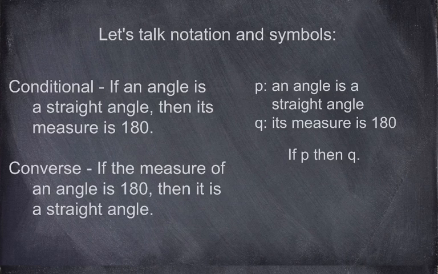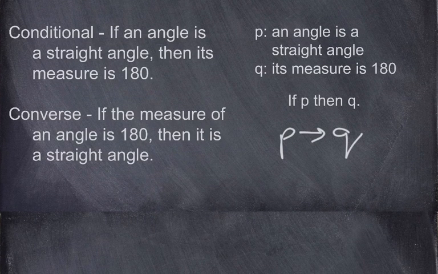If P, then Q. So that is some notation there, but also with symbols, if you were given just the letter P and then with an arrow Q, that's saying the same thing. If P happens, then Q happens. Okay? Now the converse here, again, what you would say is if Q happens, then P happens. Okay? If Q, then P.